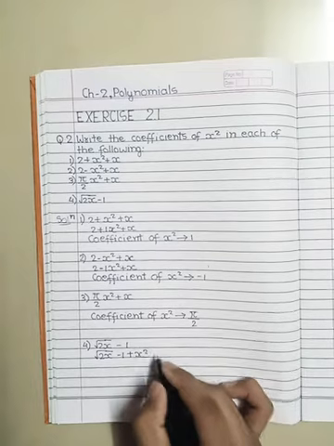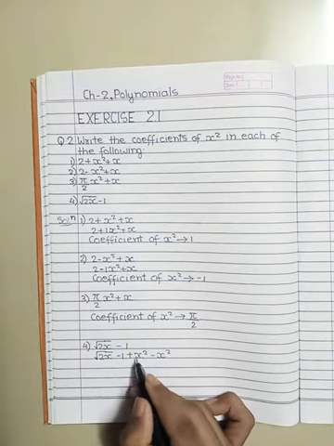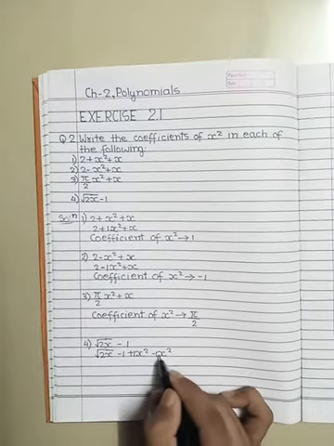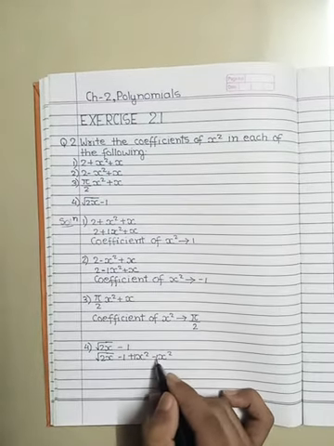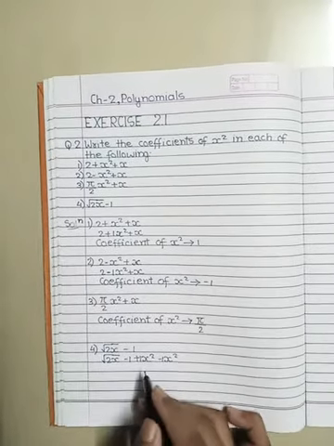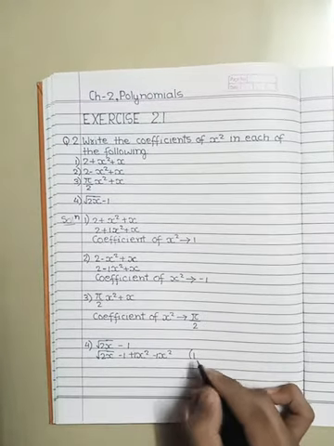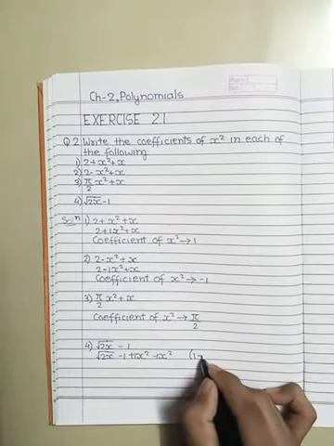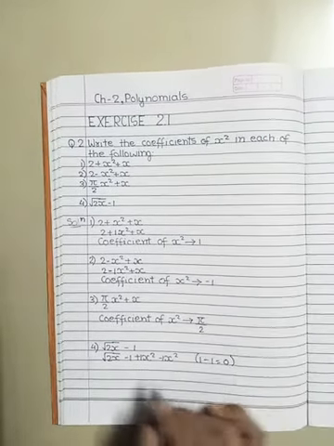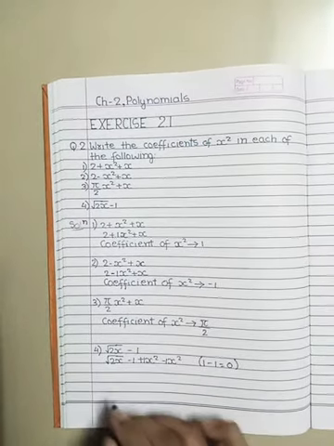Now the coefficient of x square in this will be 1, and in this also it will be 1, since 1 into minus x square is equal to minus x square, and 1 into x square is equal to x square only. So here the coefficient is 1 and here the coefficient is minus 1. So 1 minus 1 is equal to 0. So the coefficient of x square in the expression root 2x minus 1 will be equal to 0.